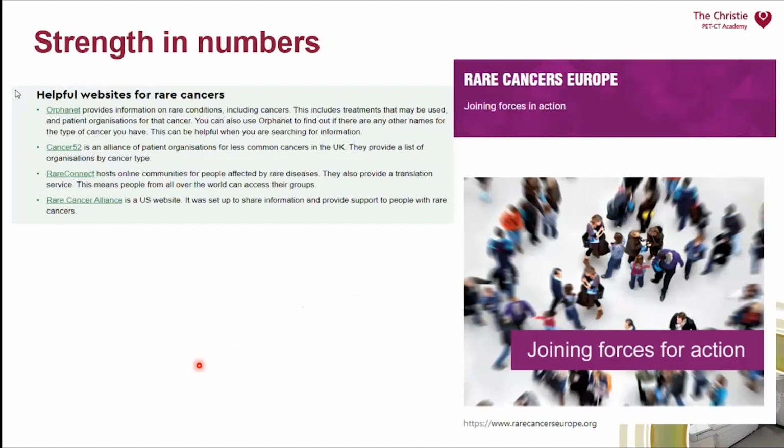So there's lots of good initiatives that are trying to join groups of patients with rare cancers together, and professionals who study rare cancers together, to lobby and to campaign for better funding and more interest in tumours that would traditionally be considered rare. So these are some of those groups that I think are well worth having a look at and encouraging.